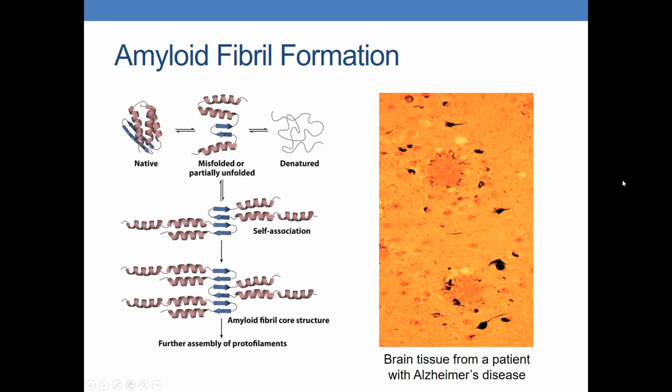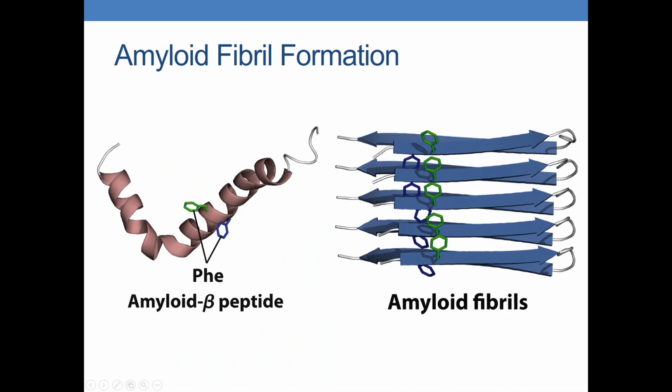So as an example here, you can see 2 different possibilities. In the case of the typical amyloid fibril that is driven by beta strand interactions, you'll see there is significant stabilization due to pi-pi stacking that occurs between aromatic residues that are in that core beta strand structure.